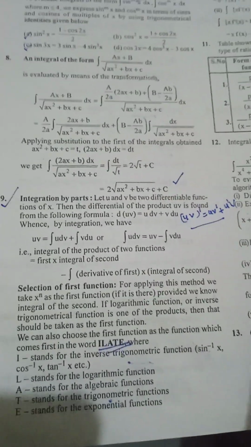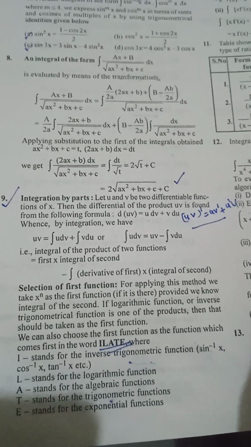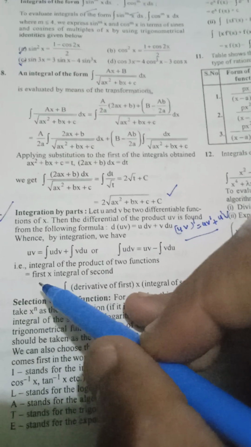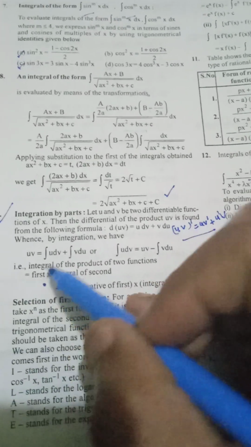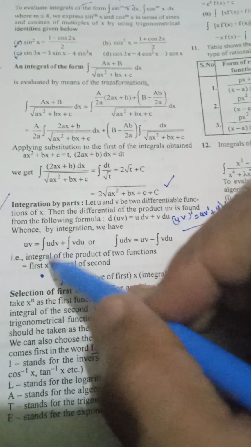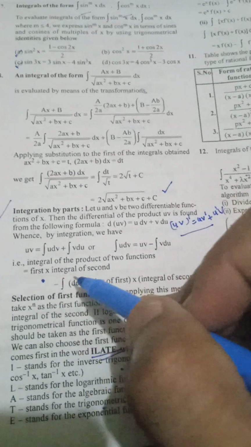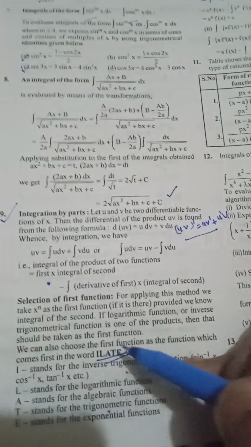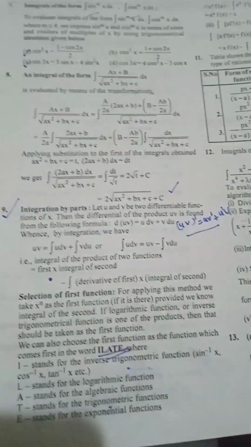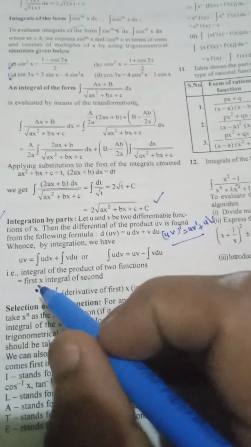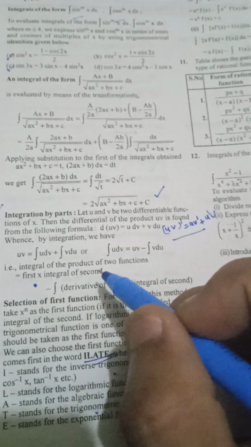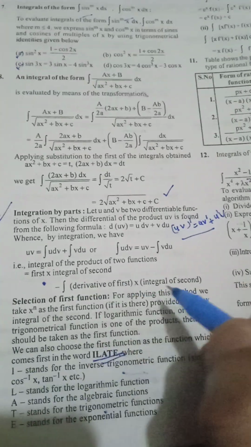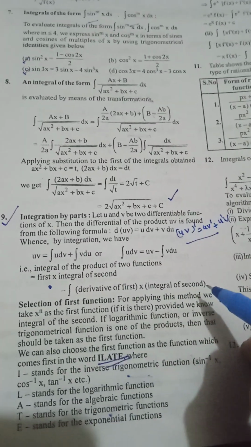So we always use ILATE to choose the first function. The choice of first function is decided by this order; whichever comes first, you choose it as the first function, you assume it as u here, and then integrate. So the formula is: first function into integral of second function, minus the integral of the derivative of the first function into the integral of the second function.